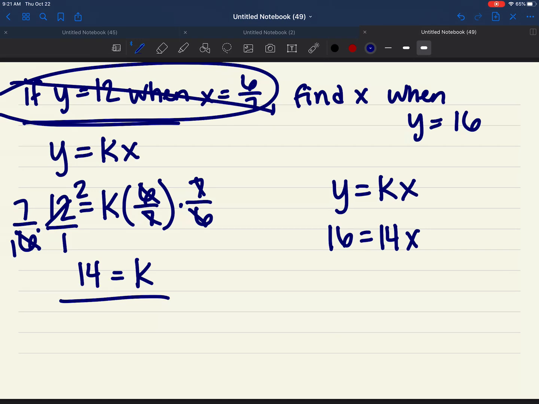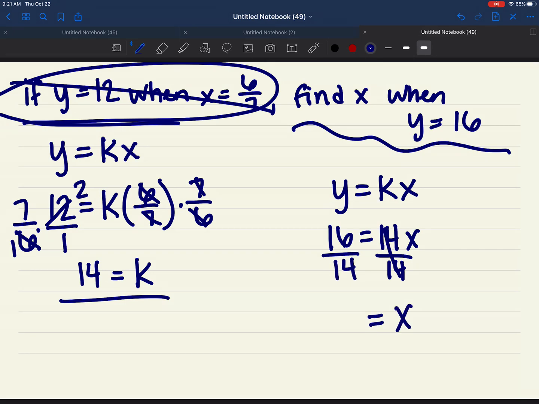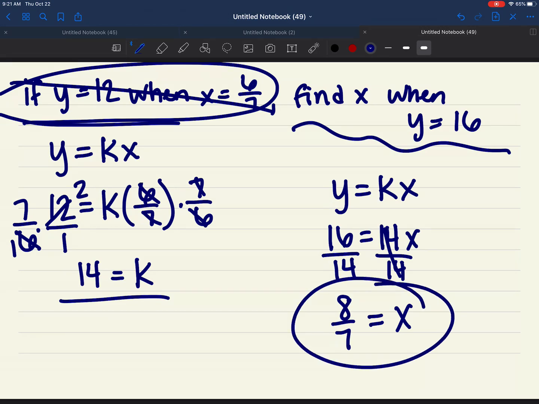So remember, once you've used this part the first time, you don't need it anymore, okay? Because now we're trying to work with this. All right, and all you'd have to do to get x by itself, so x would be equal to 8/7. Okay.